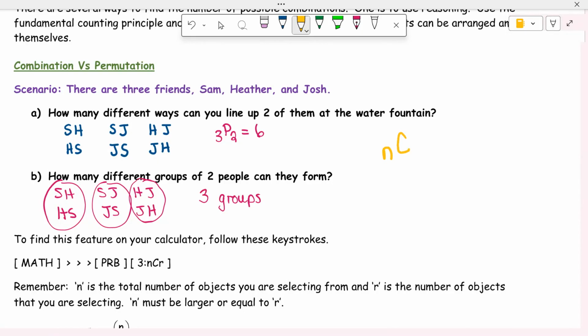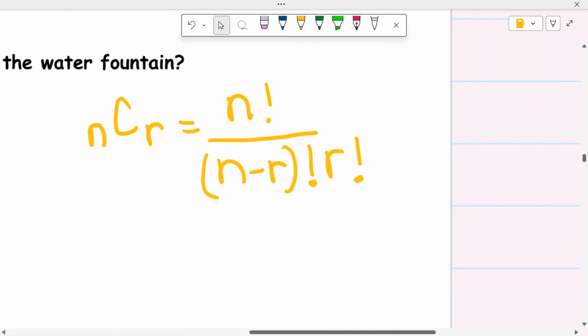So n choose r equals n factorial over n minus r factorial. Does that look familiar? But there's an extra piece. What's the extra piece on this formula? R factorial. Guess what that extra divide by r factorial does?